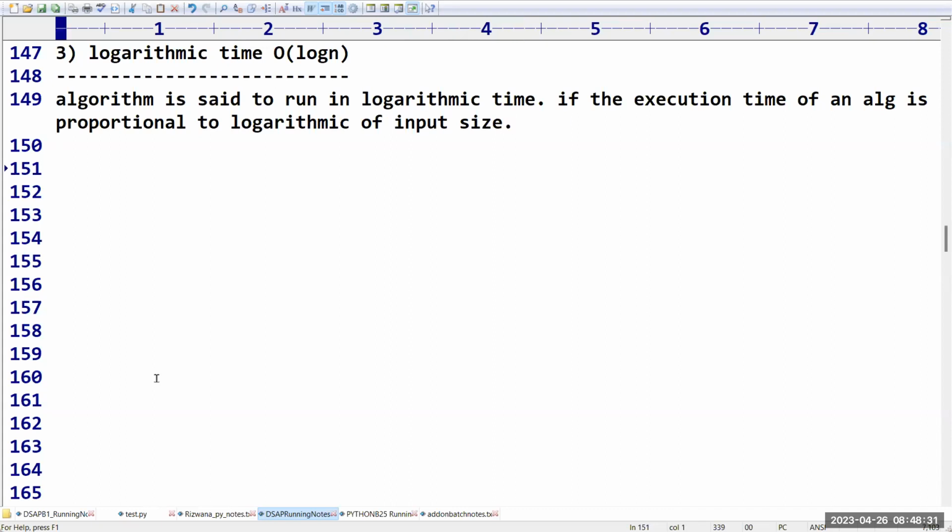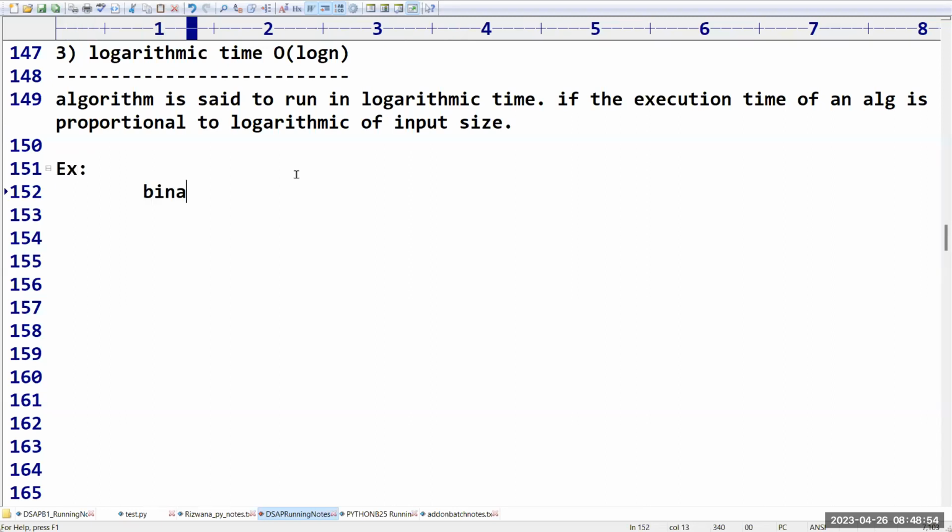An algorithm is said to run in logarithmic time if the execution time of an algorithm is directly proportional to logarithmic of input size. Sir, I will give one example, then you people will get clarity.